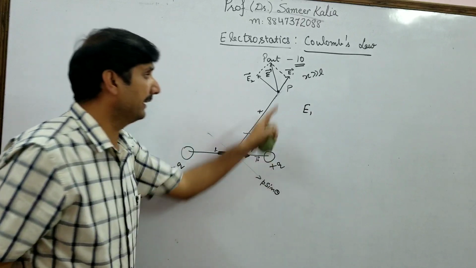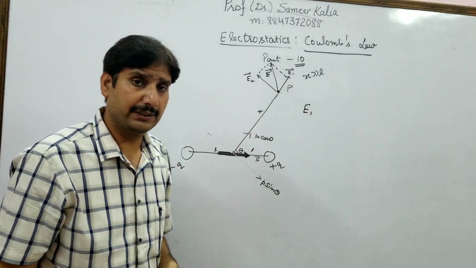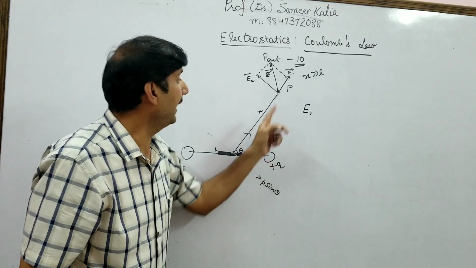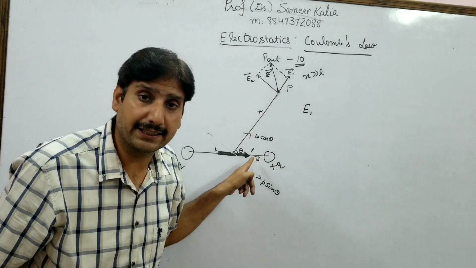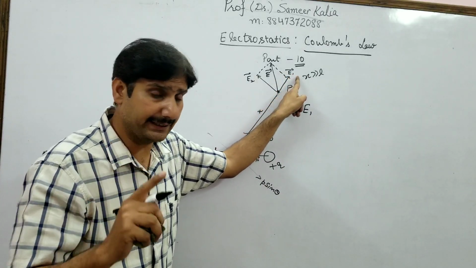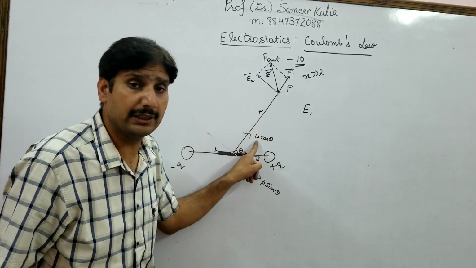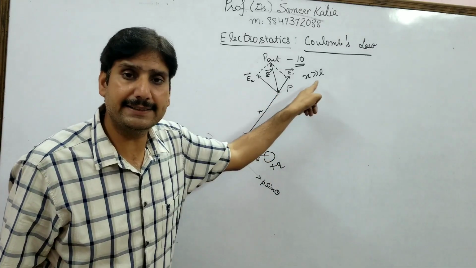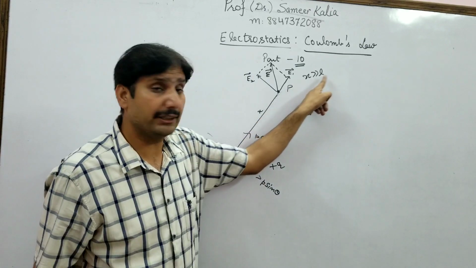So let's first find E1. E1 is the electric field due to a dipole having dipole moment p cos theta at a point on its axial line, and that too at a far off point.